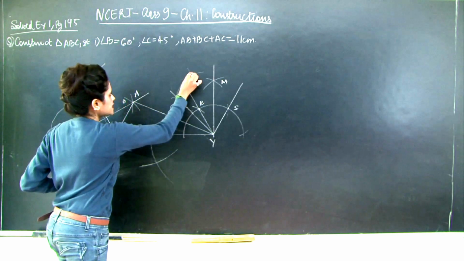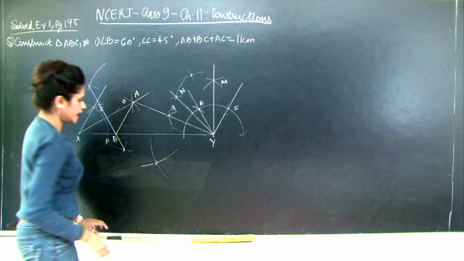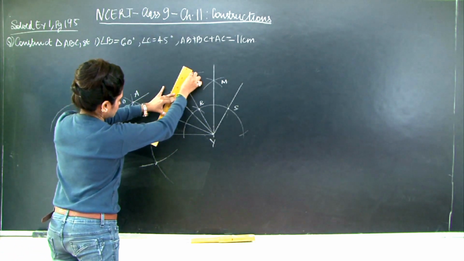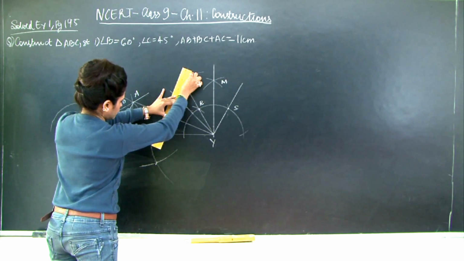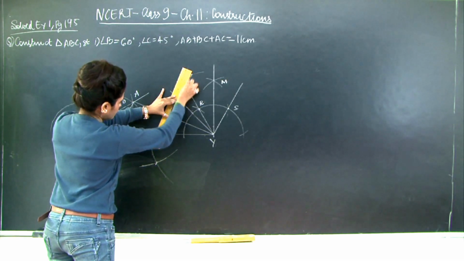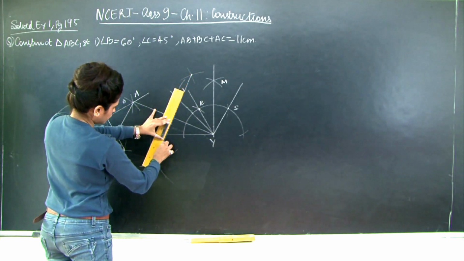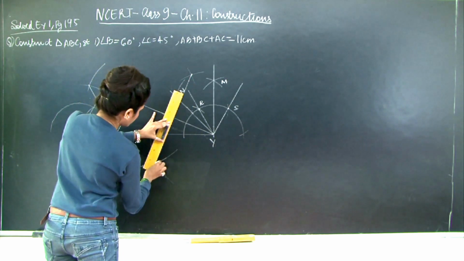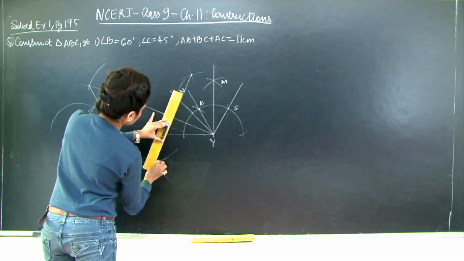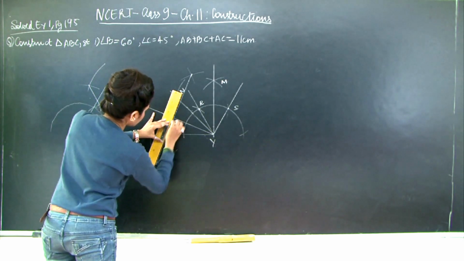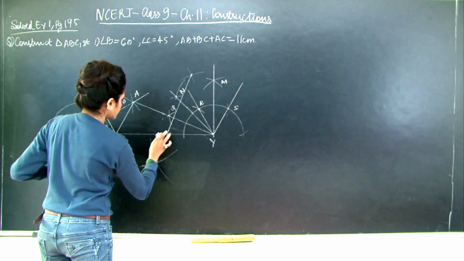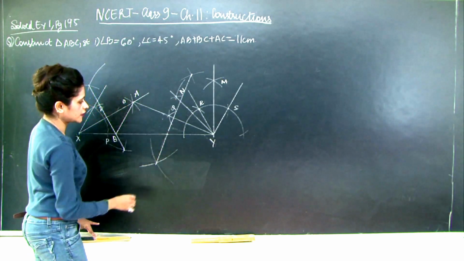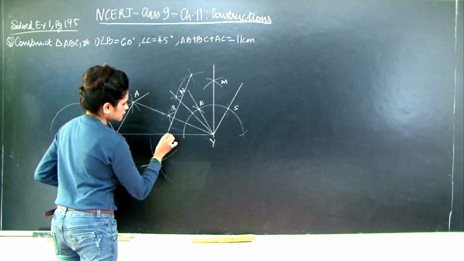Let's mark the point of intersections over here, and let's join the line. Let this point of intersection of the perpendicular bisector and XY be C, right?